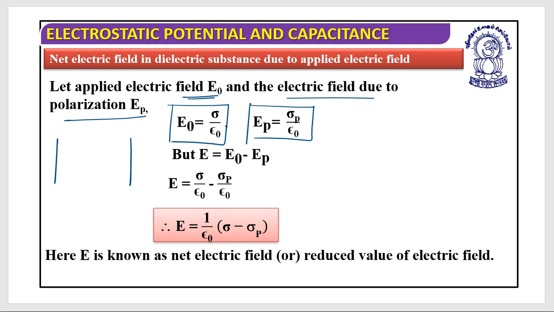This was the plus, this was the minus. This is the direction of E naught, which we call E external, and this is the dielectric slab.